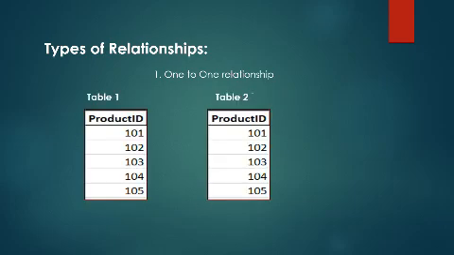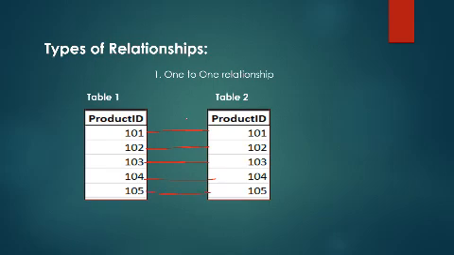Okay, one-to-one relationship. In this relationship, we have two tables which are related to each other in a single way. One to one: 101 to 103, 104 to 104, 105 to 105.